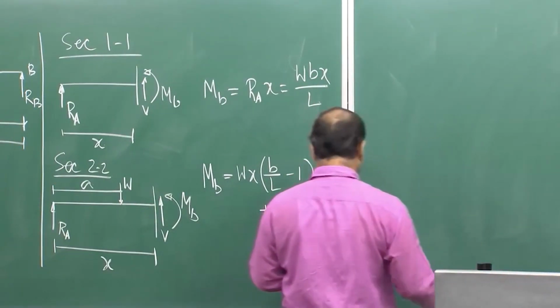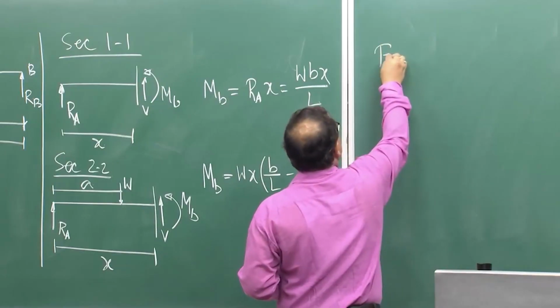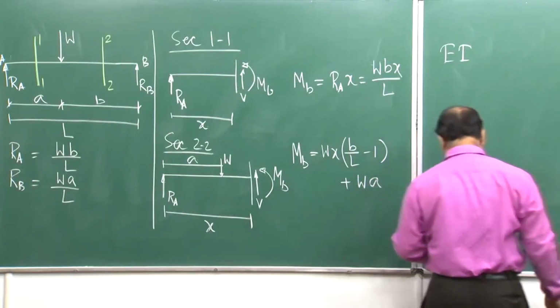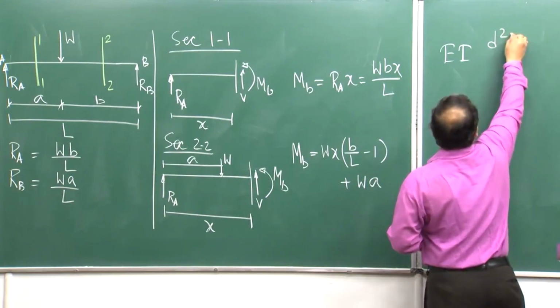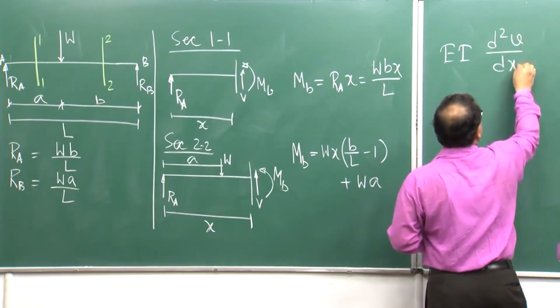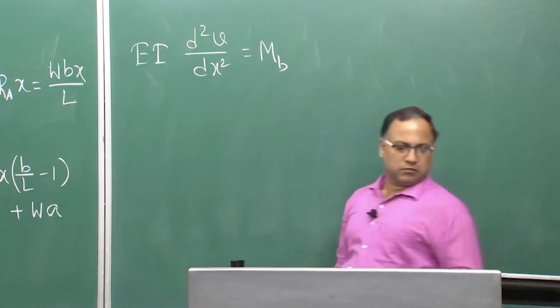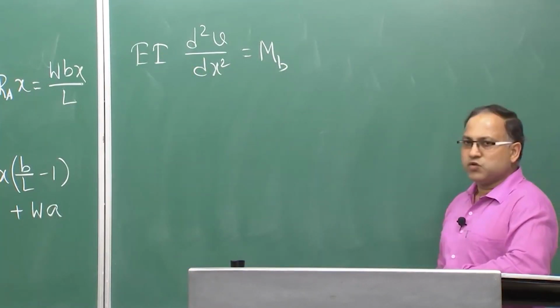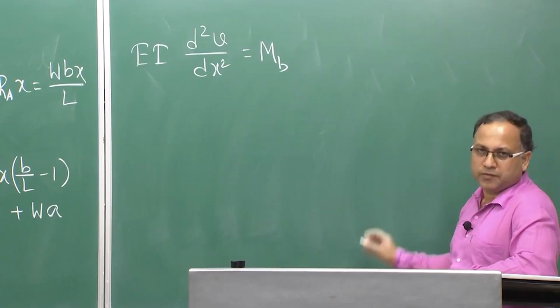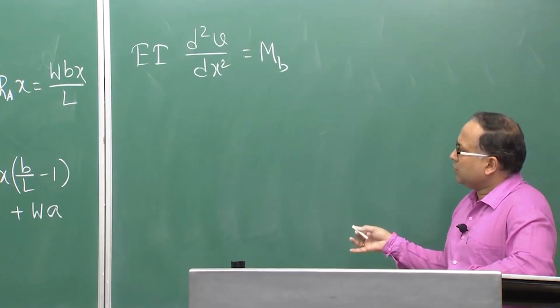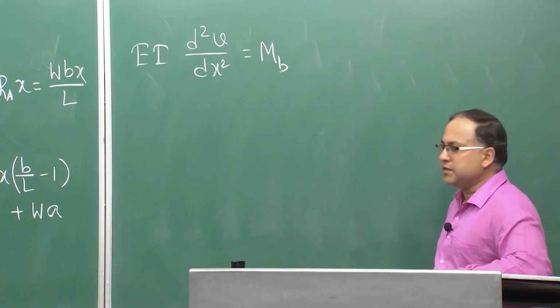As we know, this is my moment curvature relation. I am not writing IZZ every time because it is quite understood, so I am just writing simply EI. From now onward I will not be writing IZZ again and again.